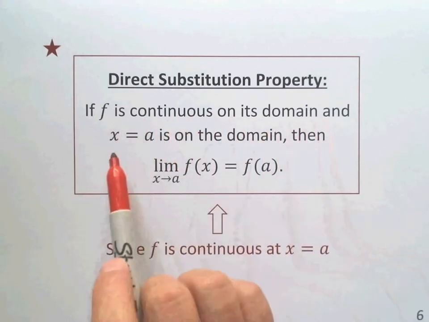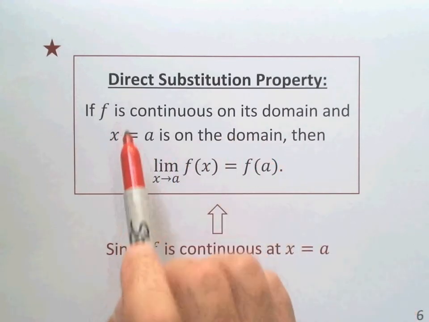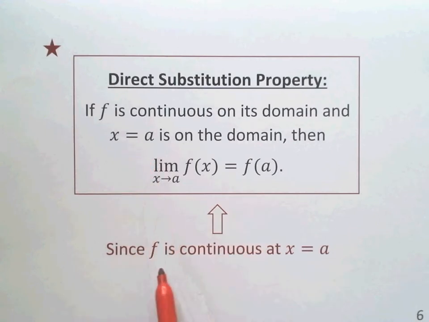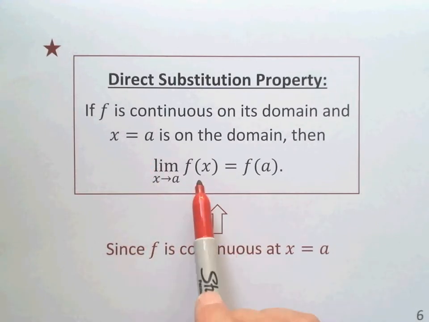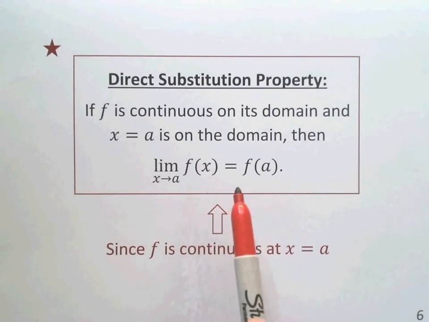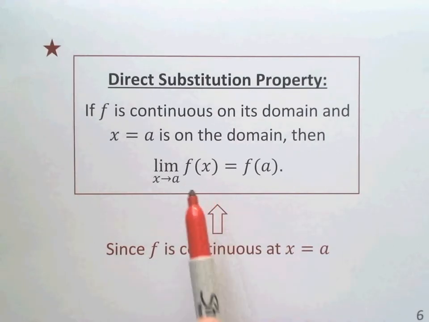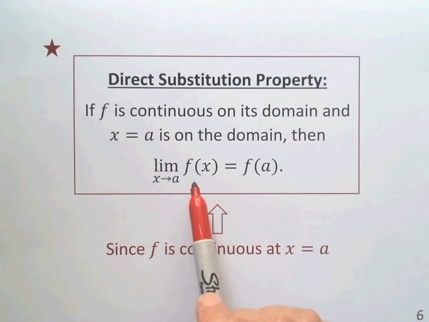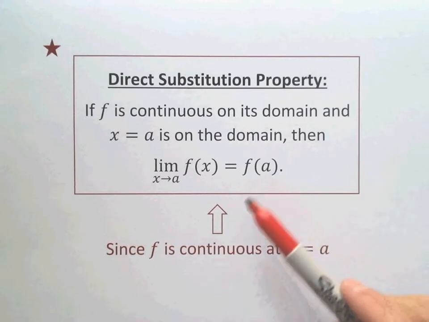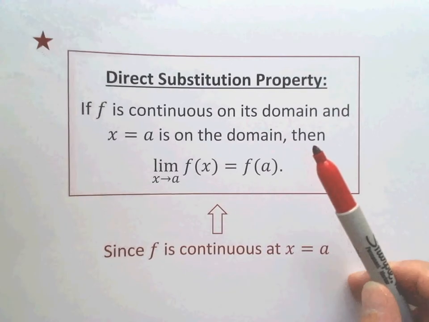The result is here. If f is continuous on its domain and x equals a is in the domain, then of course f is continuous at a, right? Then f is continuous at a, we can directly substitute. That's the definition. This means that the limit exists and also the limit equals the value of the function at a. This is the major one we're going to use.